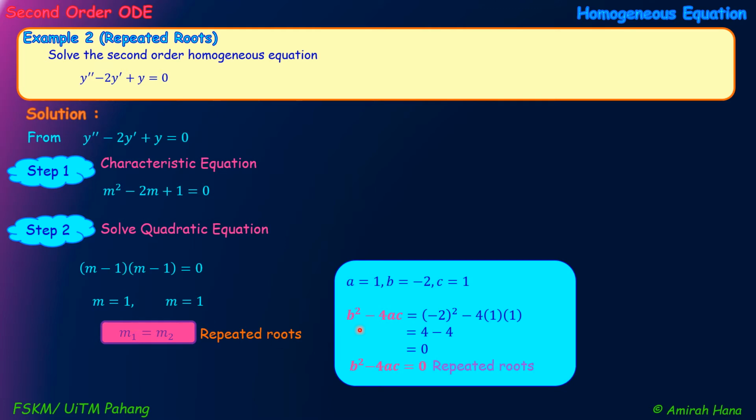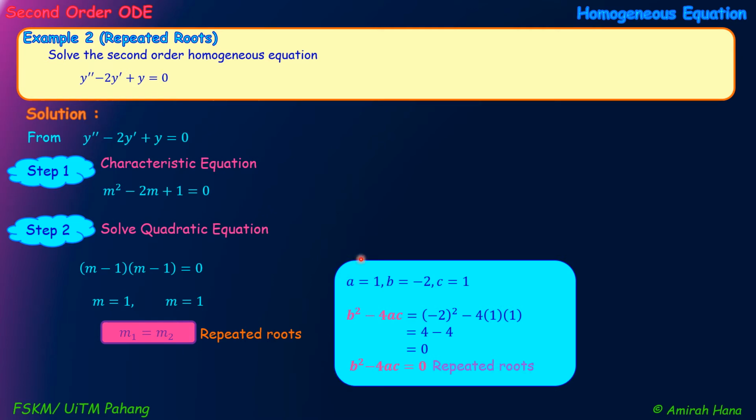We also can find the value of b squared minus 4ac. If we substitute b equals negative 2, where b is the coefficient of m, a is the coefficient of m squared, and c is the constant, we get b squared minus 4ac equals 0, which means repeated roots.